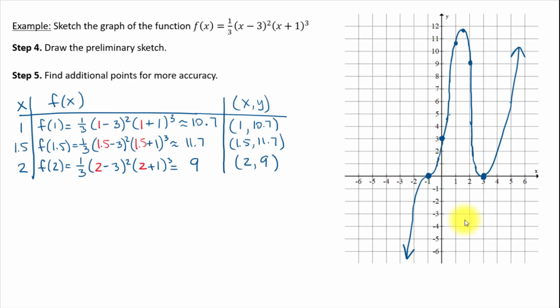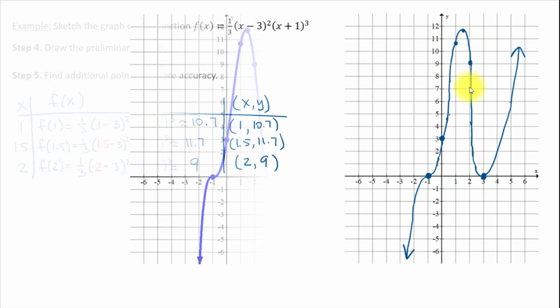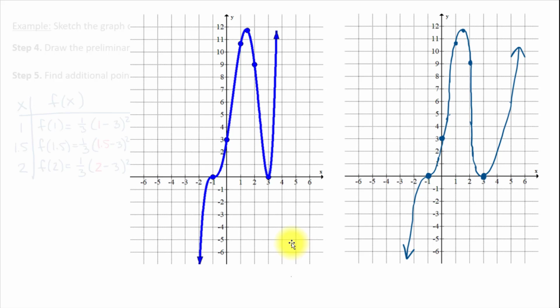What's important is that I have all the correct intercepts, the y-intercept and x-intercepts, including their types, the touch point, the point of inflection, the end behavior goes in the right direction, and the additional points that I found gave me a pretty good idea where the turning point happens, compared to the graph that I obtained using a technology.